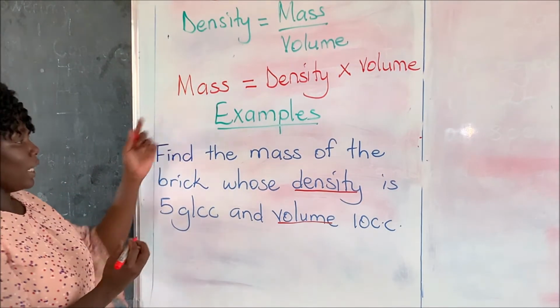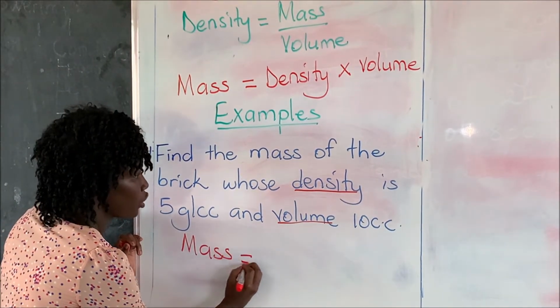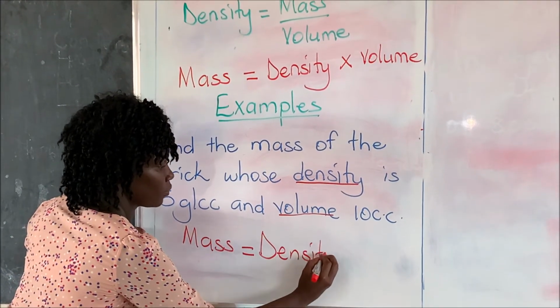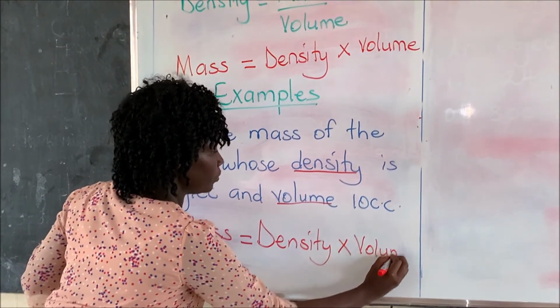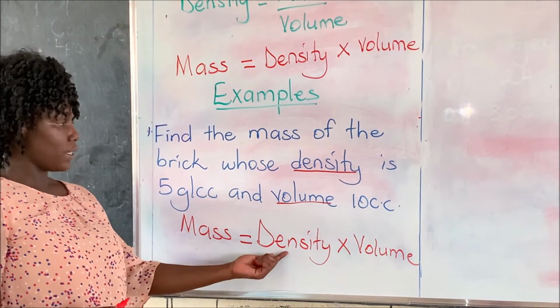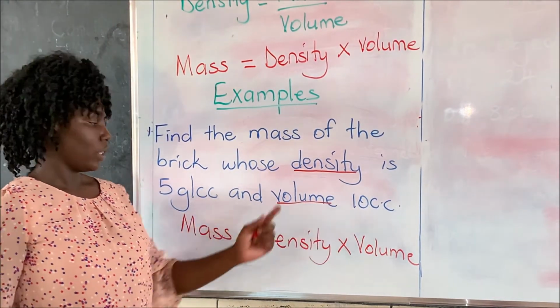So from our formula, mass will be equal to density times volume. So step number 2, we substitute. Where there is density, put the density given. Where there is volume, put the volume given.